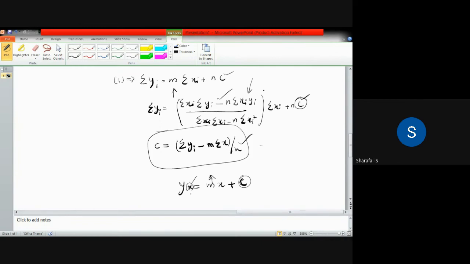In some cases, you can multiply this numerator and denominator with the negative 1, that is minus 1, and you will get the same equation for m. In some textbooks, you can see that also, which means that n into sigma xi yi minus sigma xi into sigma yi divided by n into sigma xi square minus sigma xi into sigma xi. So that is also possible.